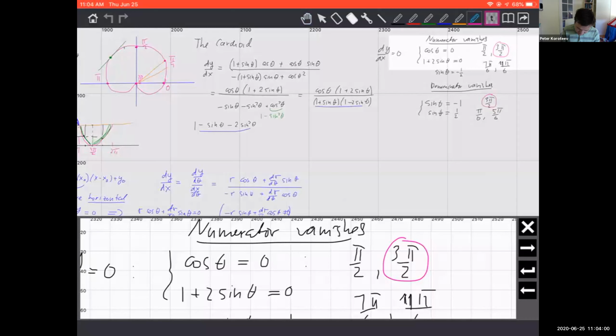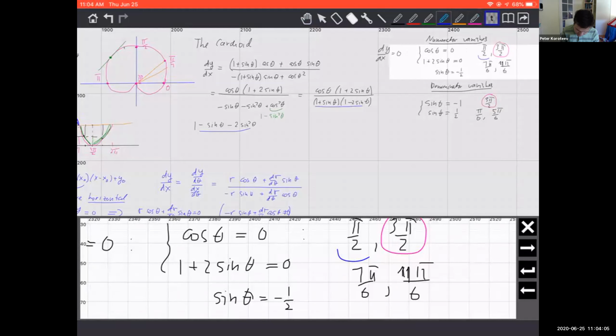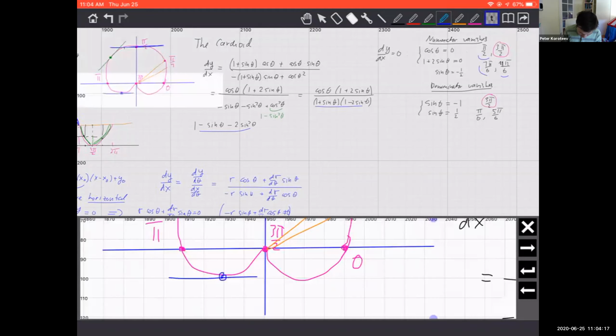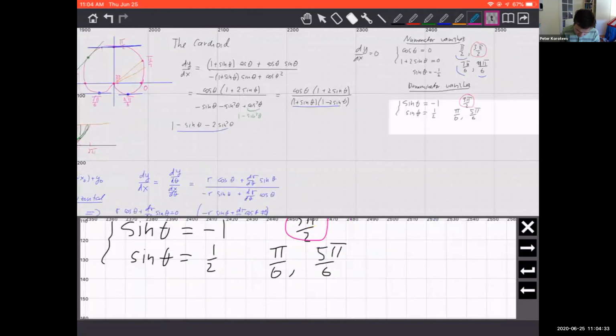what happens with the other zeros, right? So pi half, 7 pi over 6, 11 pi over 6, the tangent is horizontal, right? So indeed this point, and that point. Here it happens when theta is equal to 7 pi over 6, and this is 11 pi over 6. Okay, and the tangent is vertical when the angle is pi over 6 and 5 pi over 6.